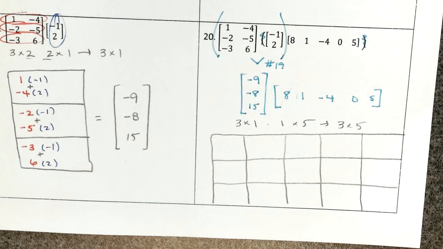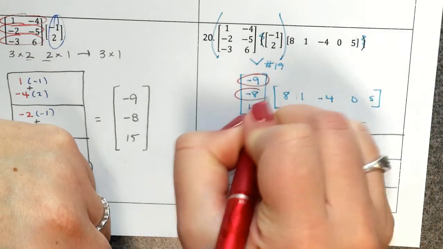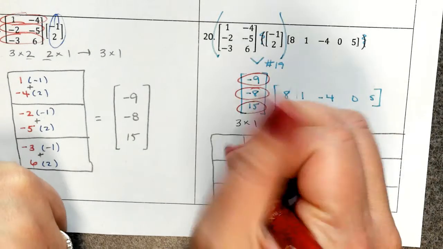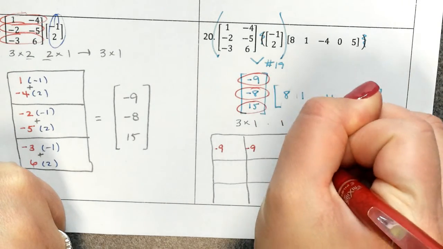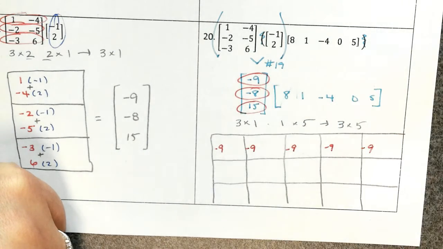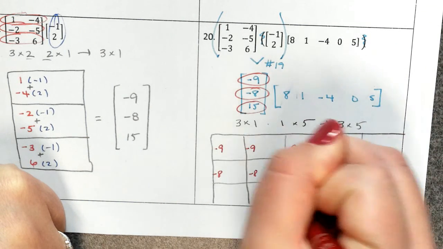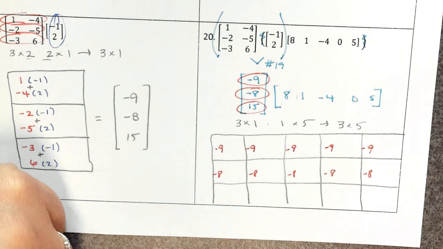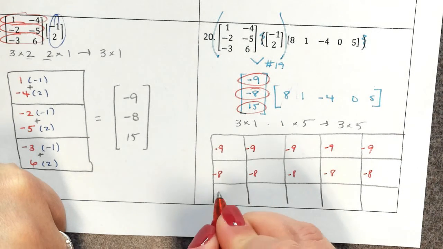I'm going to look at the rows in the first. So in every box in the first row, I have a negative 9. Negative 9, negative 9, negative 9, negative 9, negative 9. Every row in that second, I have a negative 8, negative 8, negative 8, negative 8, negative 8. In the last row, I have 15 in every single one of those.